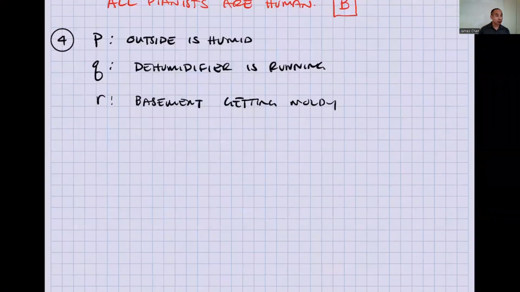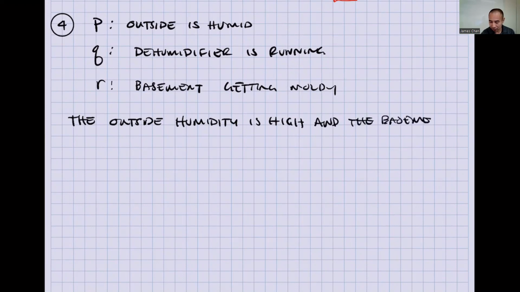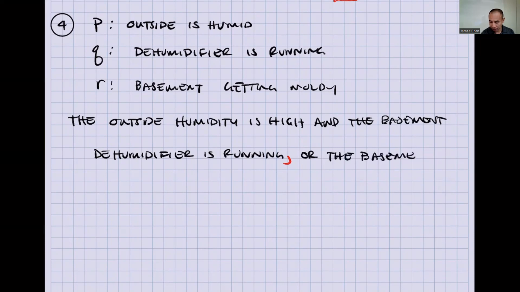So the sentence says: the outside humidity is high and the basement dehumidifier is running, comma, or the basement is getting moldy.